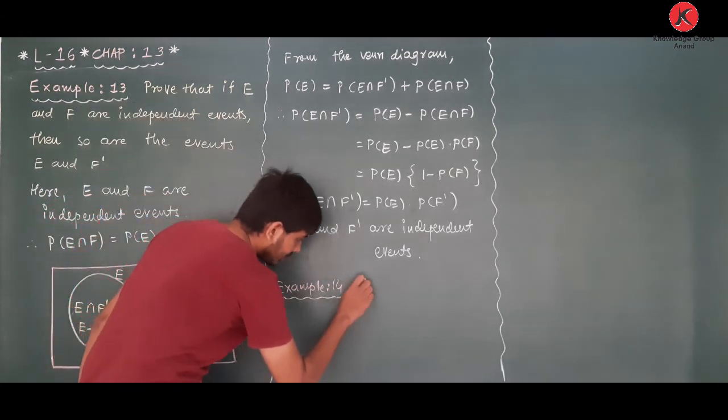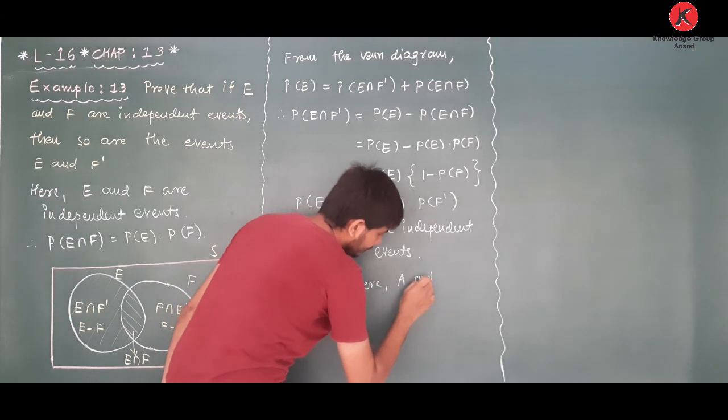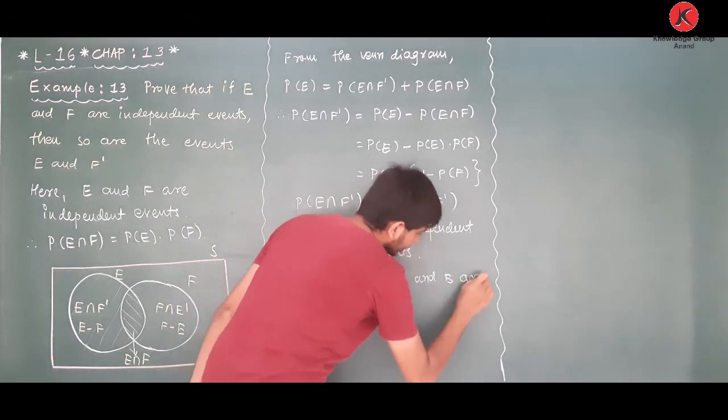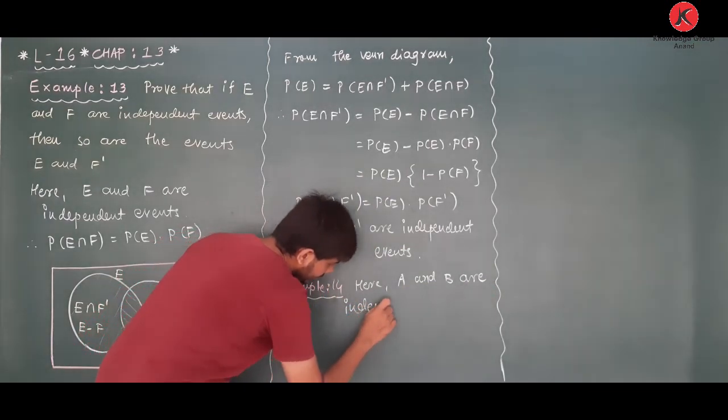A and B are which type of events? Independent events.